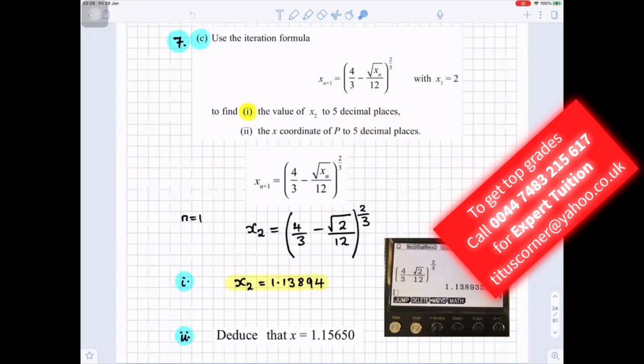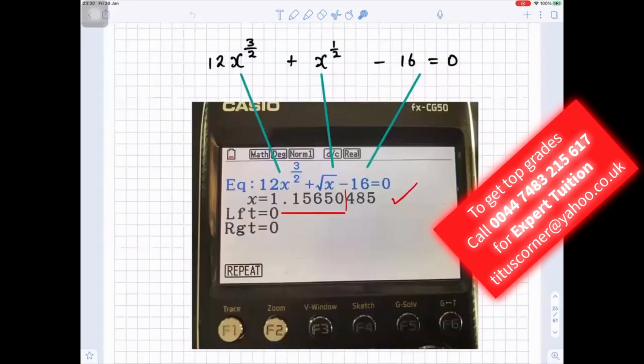And the second part of 7 says the x coordinate of p to 5 decimal places. You can deduce that it is 1.15650. And I'll show you on the graph how that works. If you put that equation, 12x to the power 3 over 2 plus x to the half minus 16 equals 0, that's the equation where we made x the subject in the iterative formula.